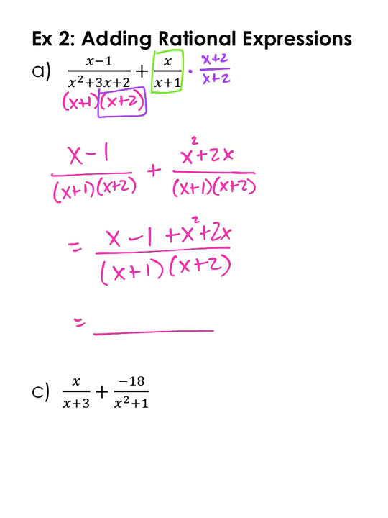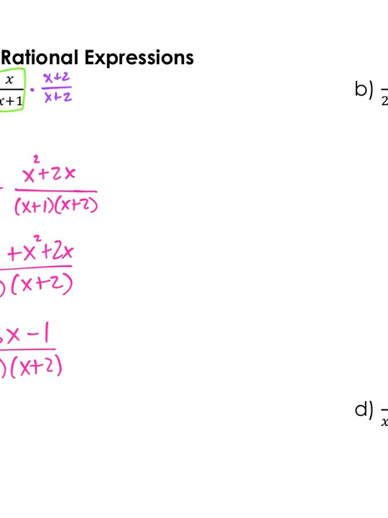So I'm going to get x squared plus 3x minus 1 over x plus 1 times x plus 2. You could also write the original denominator if you wanted to, rather than the factors. Either way would be fine. All right.